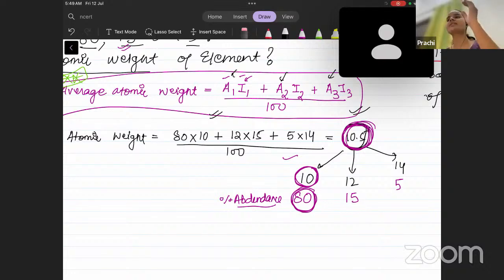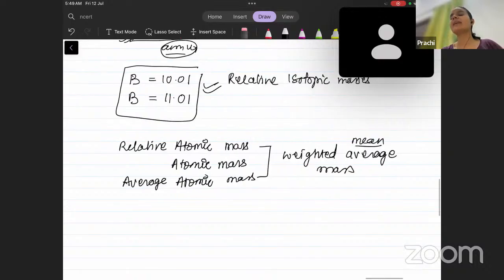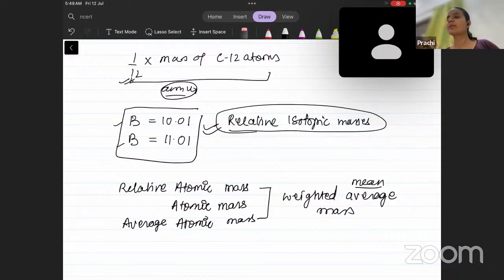So here we are considering the abundance, because the isotope which is present in a higher percentage in nature, the total mass will be nearer to that isotope. So these things should be very clear in your mind: if I say these are the masses of the isotopes, then we say these are the relative isotopic masses.